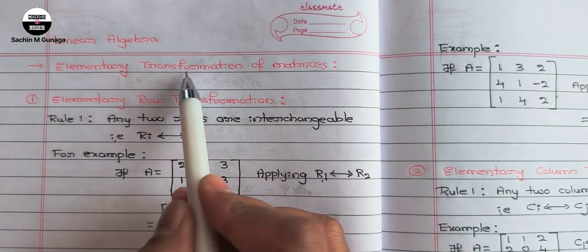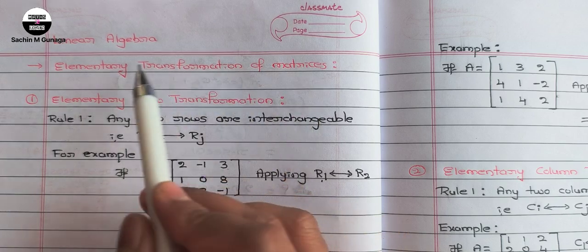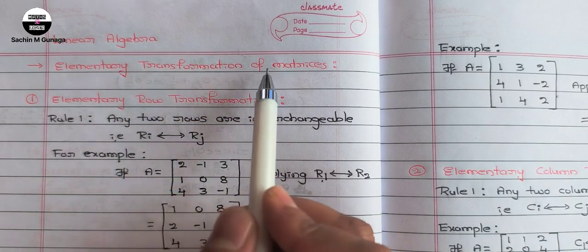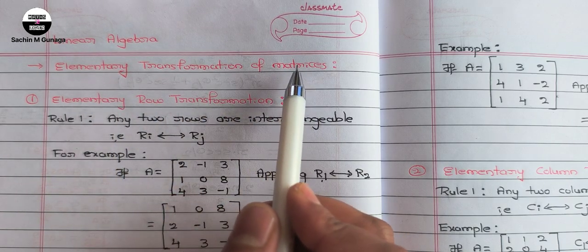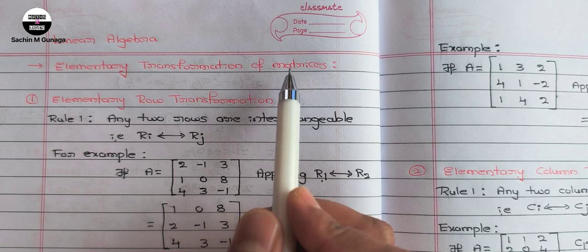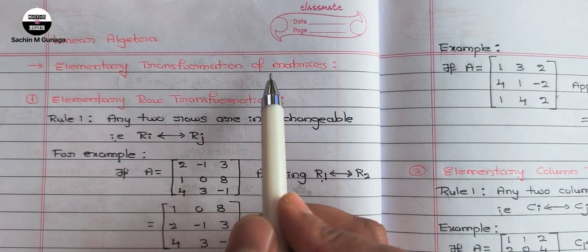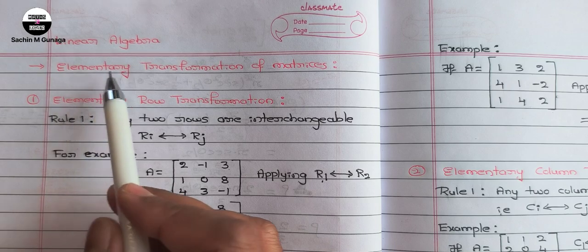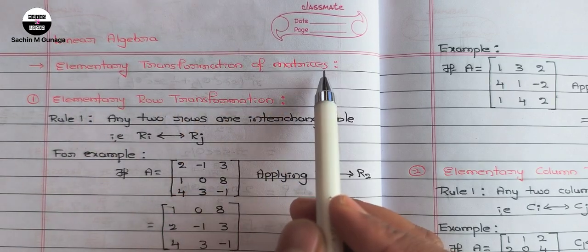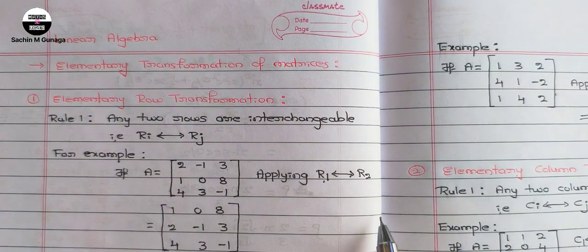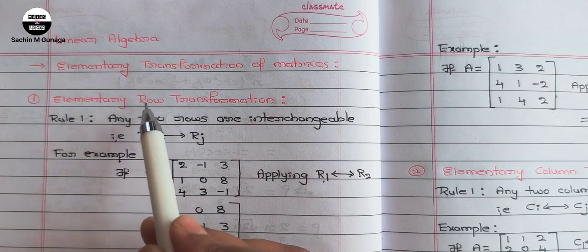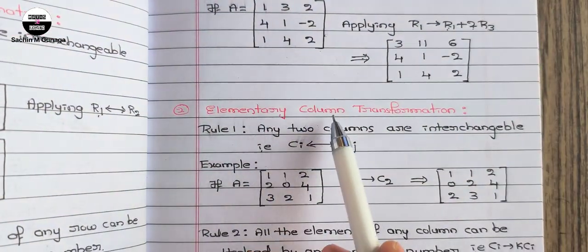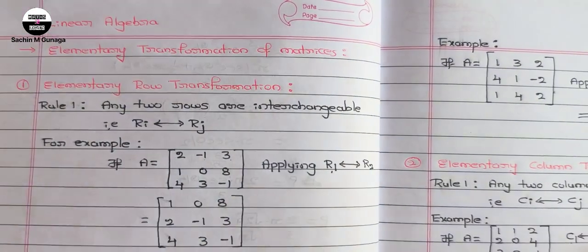Now, elementary transformation of matrices. This elementary transformation of matrices is used to find equivalent matrices and also used to find the inverse of a matrix. In this elementary transformation of matrices, there are 6 rules: 3 for elementary row transformation and 3 for elementary column transformation.